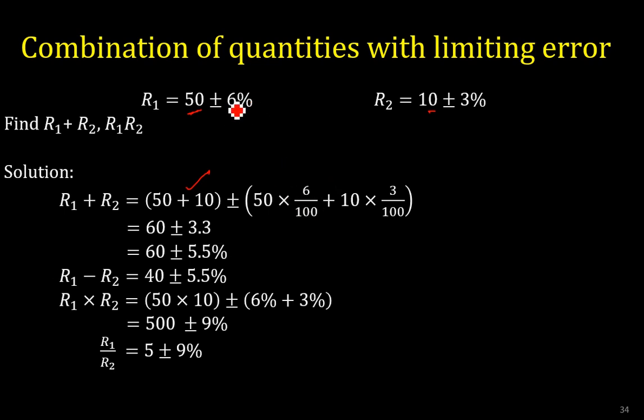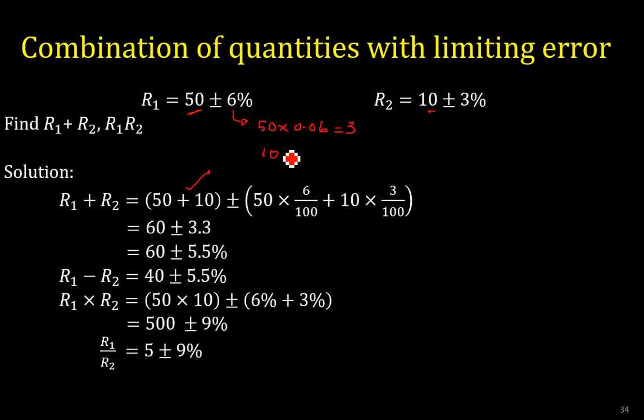How will you calculate the absolute value of this error? If you have 6% error, that simply means 50 into 0.06 is the magnitude. So what is 50 into 0.06? That will be 3.